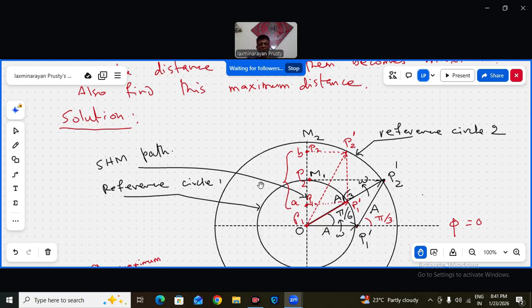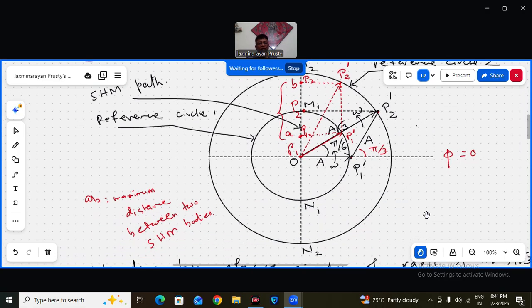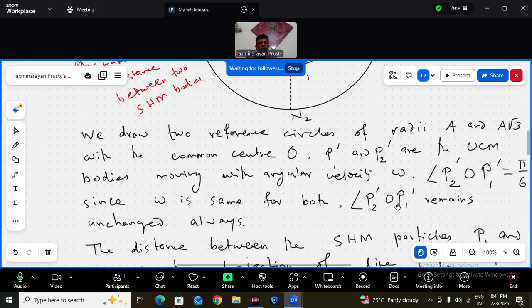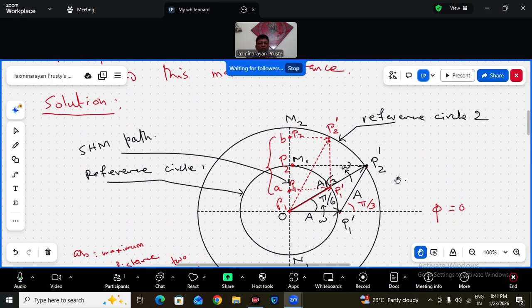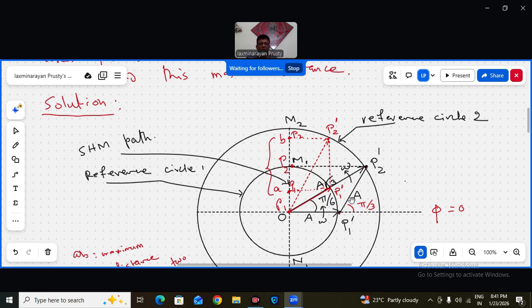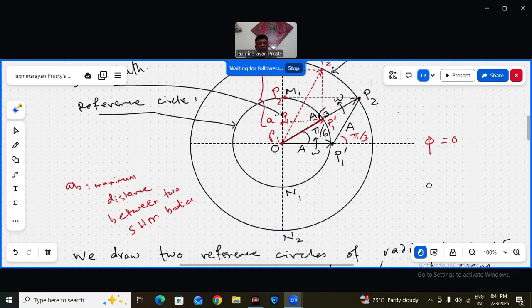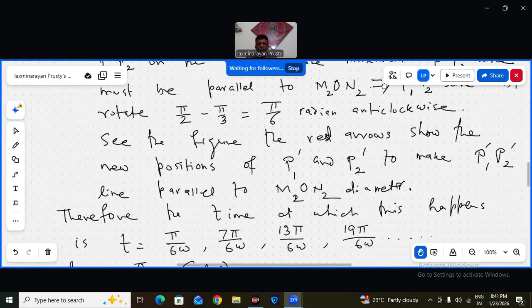One more 90 degrees, that will become perpendicular to this M2O line. So that is 90 plus 30, 120 degrees they rotate. This will be the first time the projection of P1 dash, P2 dash becomes 0, when it rotates first by 30, then one more 90. So 120 degrees, that is 2 pi by 3.